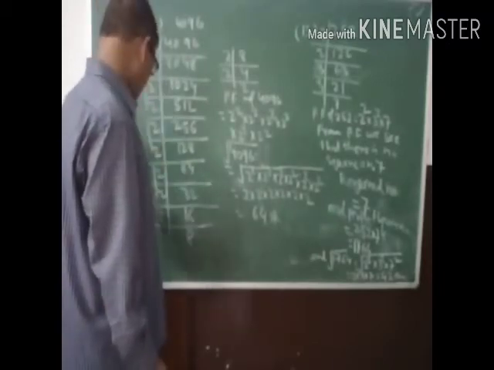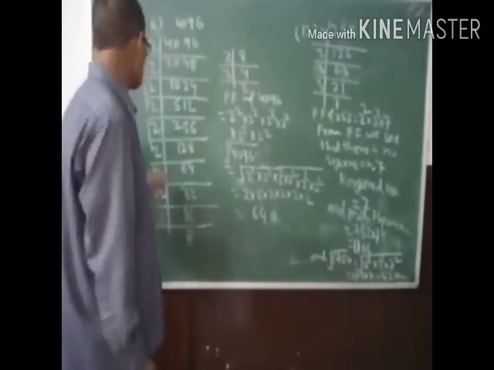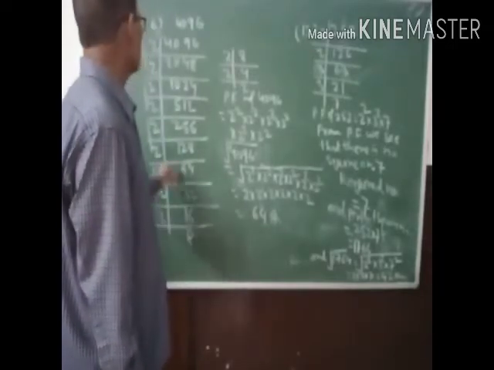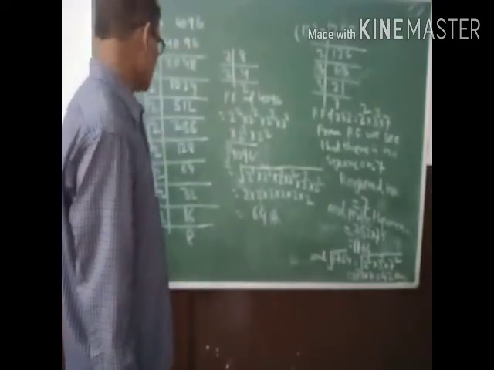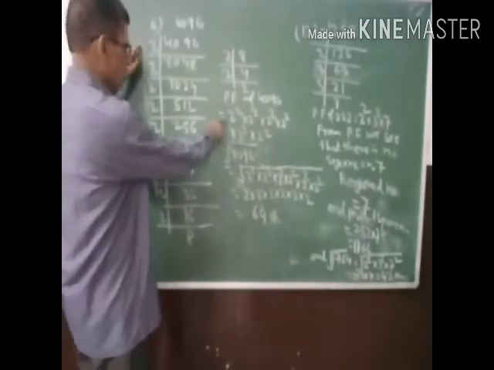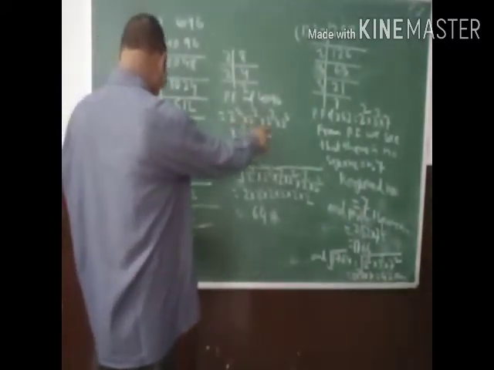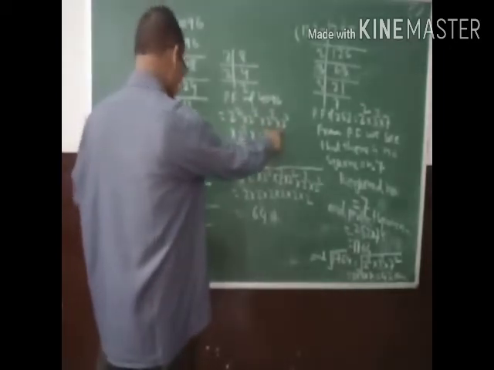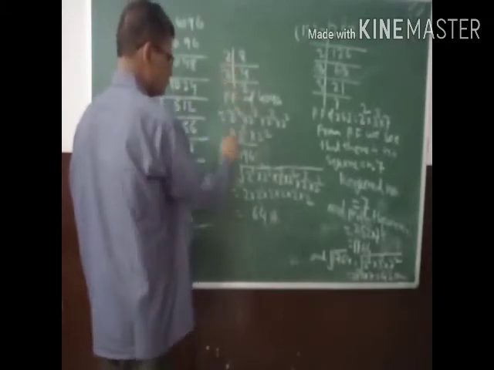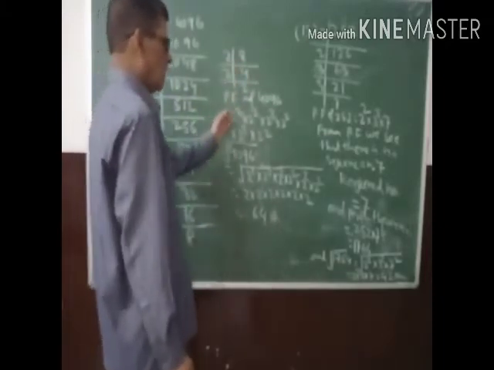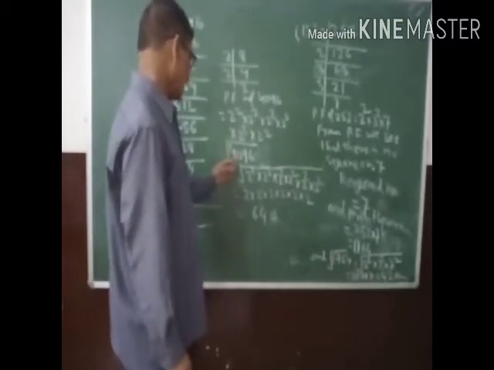I have found the prime factorization of 4096, and this is equal to 2 square, 2 square, 2 square, 2 square, 2 square, and 2 square. I have written it in square form, and thus we can write under root.